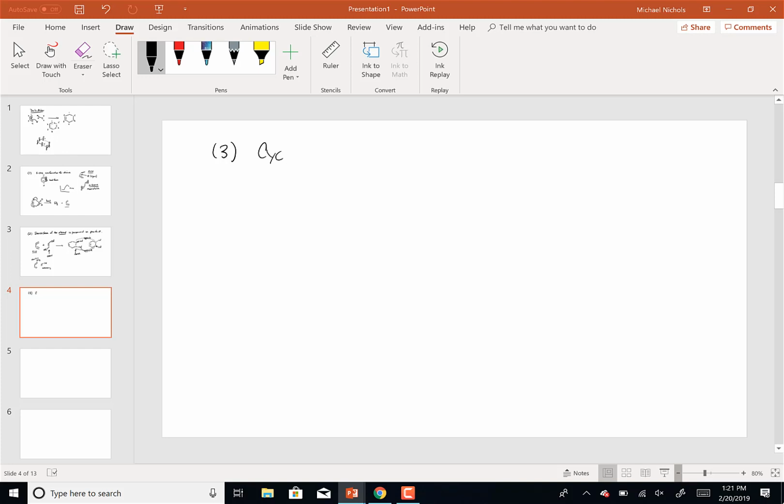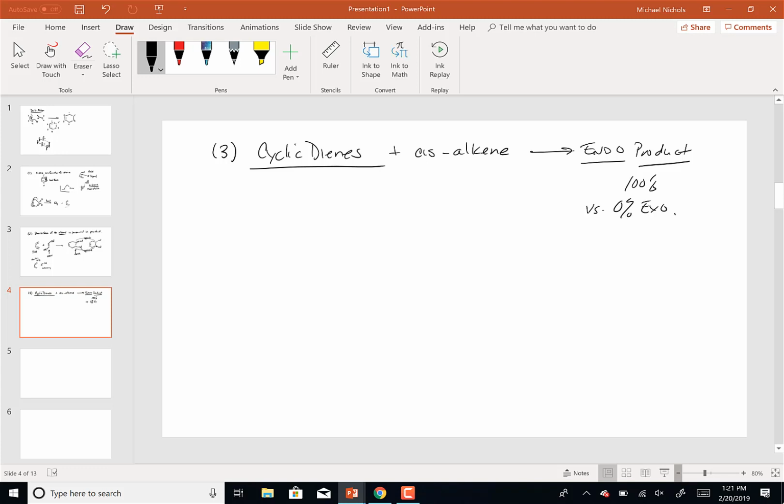has to do with cyclic alkenes or cyclic dienes. Now, when you have cyclic dienes and you react those with a cis alkene, you get what's called the endo product. 100% endo versus 0% exo.